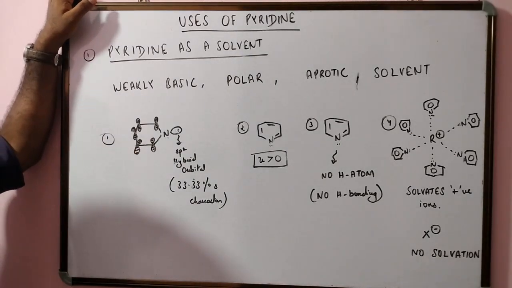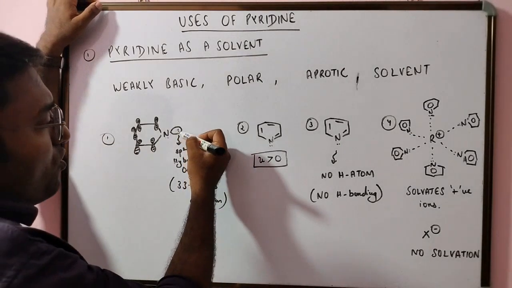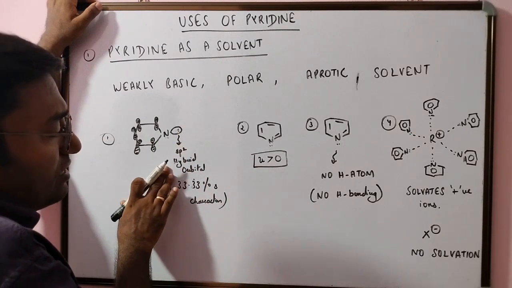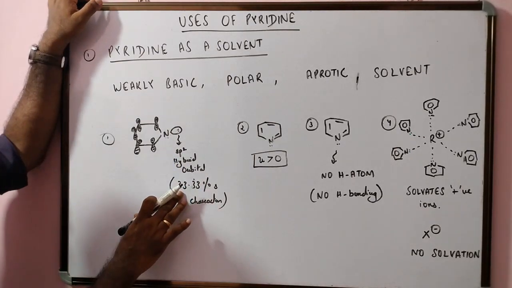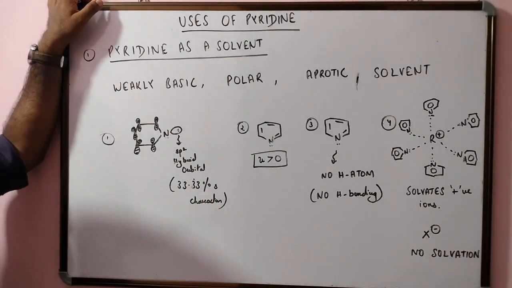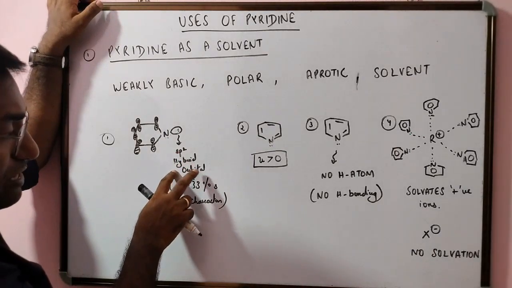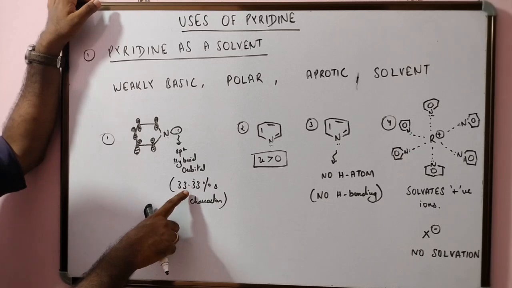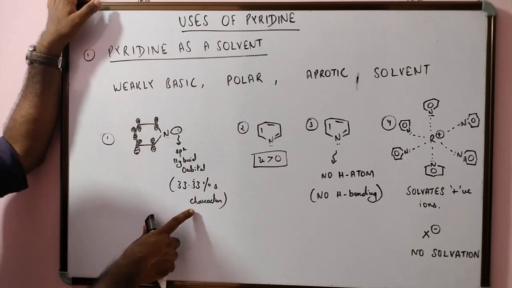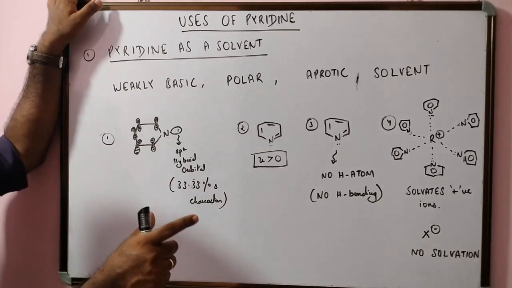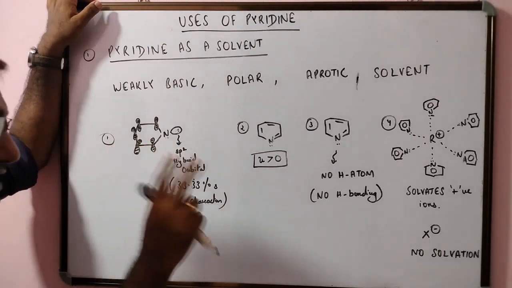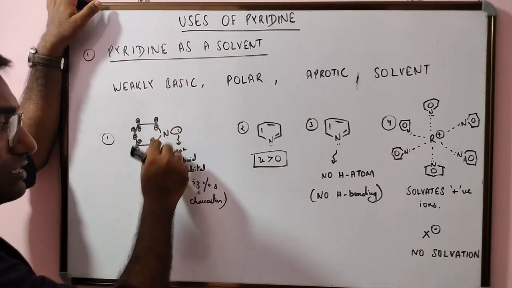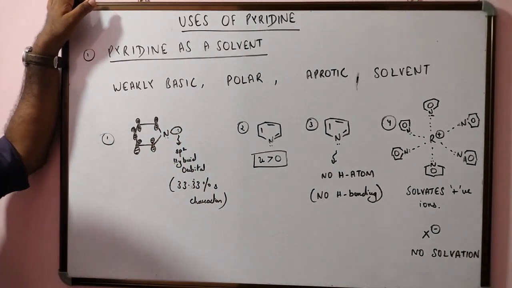The reason for this again is that the electrons lie in an orbital which has a greater proportion of s character. To be accurate, the sp2 hybrid orbital has 33.33% of s character. That would make the lobes broader and shorter, and that would make the electrons come closer to the nucleus of nitrogen.